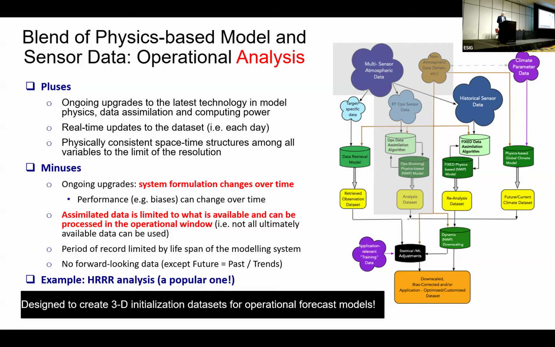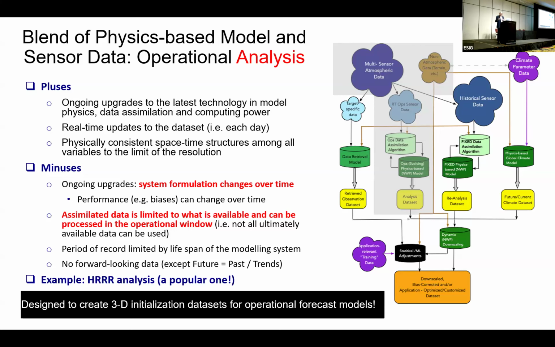Right, and the other important aspect here is assimilated data is limited to what is available at the time the analysis data set is created. So there's an operational window for each model. Whatever data comes in that window is used in the analysis. Whatever comes in after that is not used.